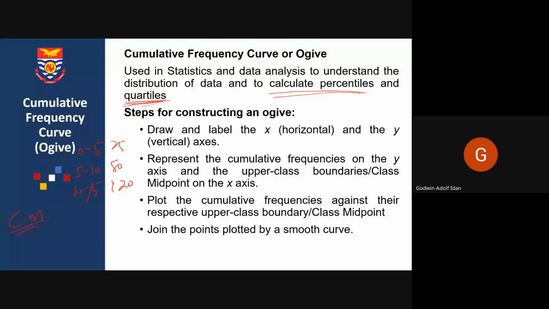Or can we have the first quarter, the second quarter, the third and the fourth quarter of that particular data distribution? And this is how we get it. We normally use the cumulative frequency curve to represent the data on the graph. And once we have the graph sheet, because we are using the cumulative frequency, which adds up to 100%, we can now know the distribution from that particular angle.